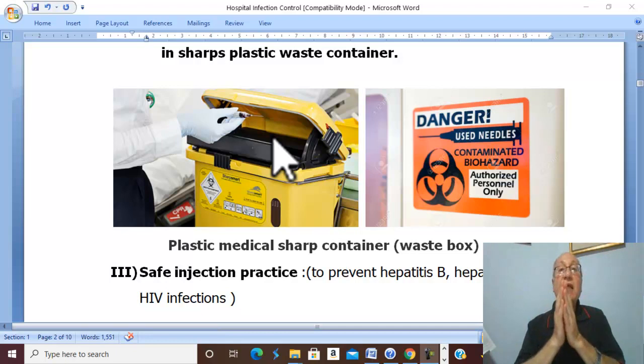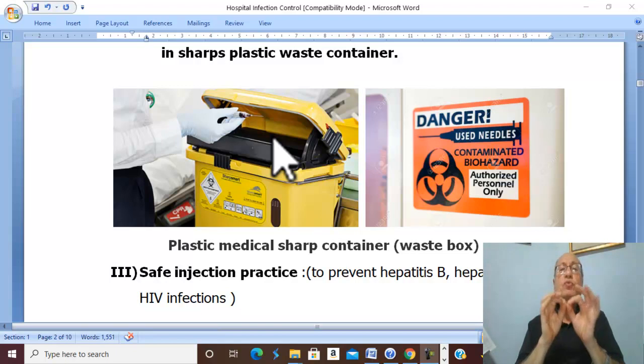Second, safe injection practice. Safe injection practice prevents transmission of hepatitis B, hepatitis C, and the AIDS HIV virus.